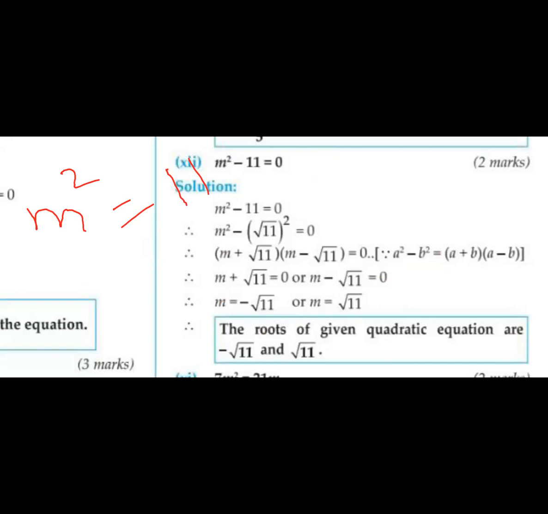If you have a pen and a notebook, then better you please write it down. This question we are going to solve by a different alternate method, and we are comparing which method is suitable. I am telling all of you, if you have a pen and notebook, note this down. This method which I am writing on this screen: m square equals 11. You all are writing?